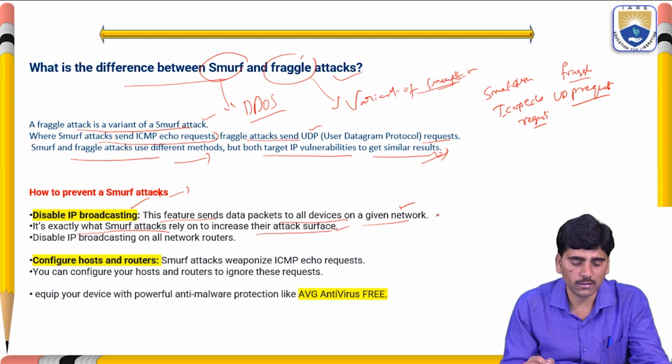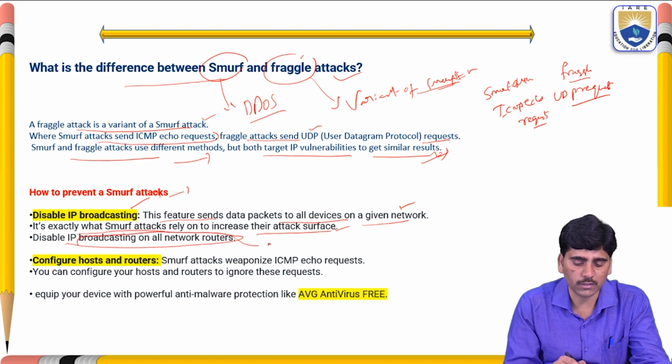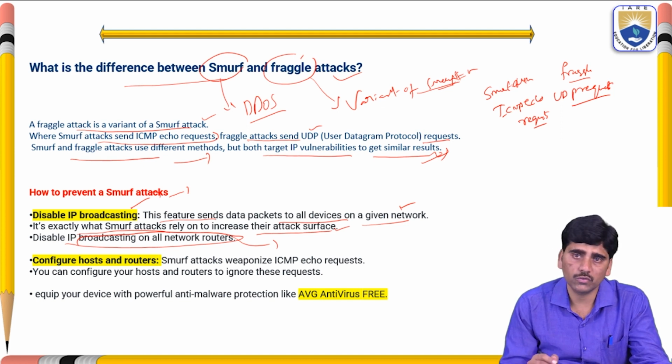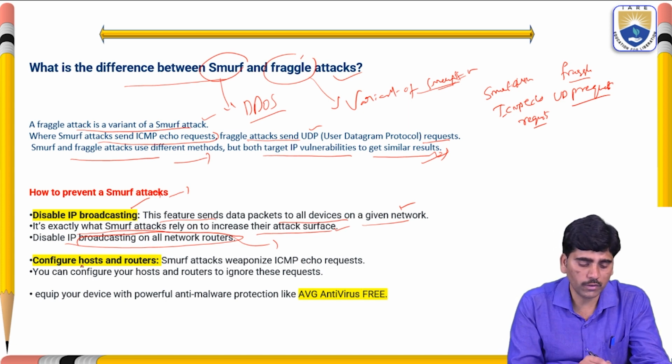So disable IP broadcasting on all network routers. Disabling is the option to hide your data and your IP address so it is not shown to other users.